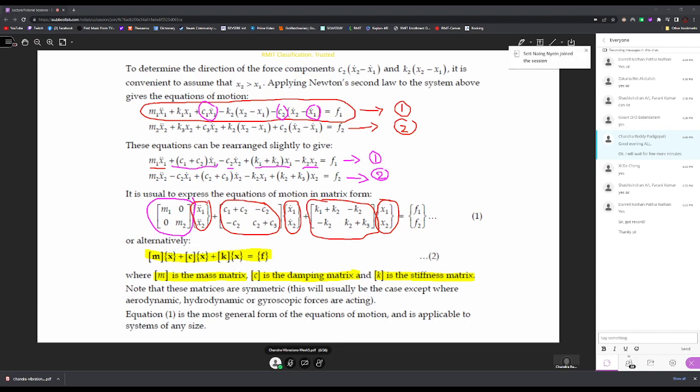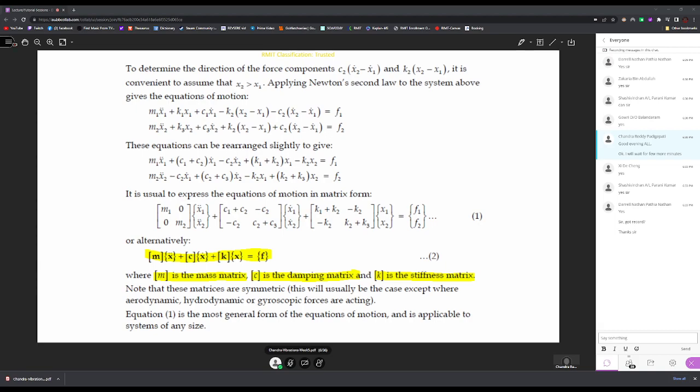So now this equation can be written in matrix format in a simple way: the mass matrix multiplied by the acceleration matrix, plus the damping coefficient matrix multiplied by the velocity matrix, plus the stiffness matrix multiplied by the displacement matrix, the whole thing equal to the force matrix.